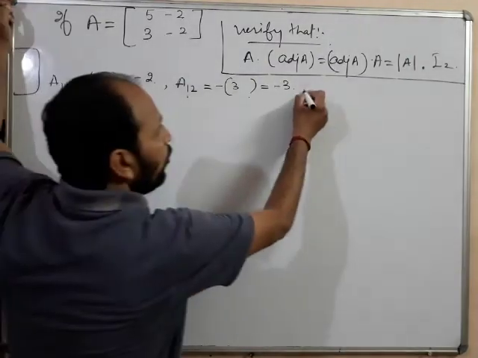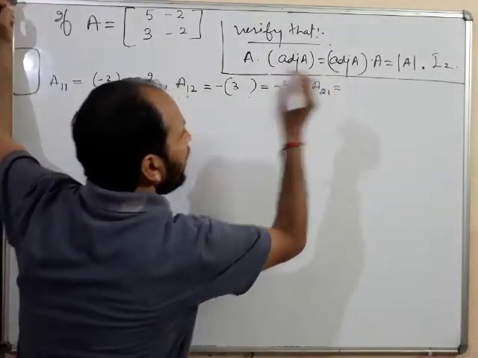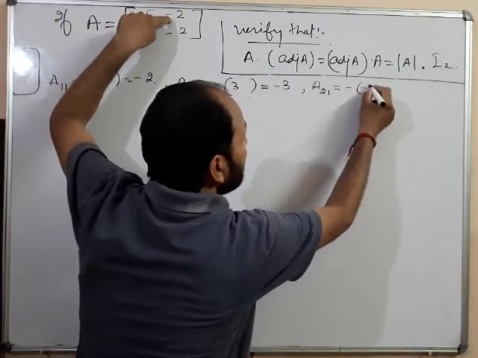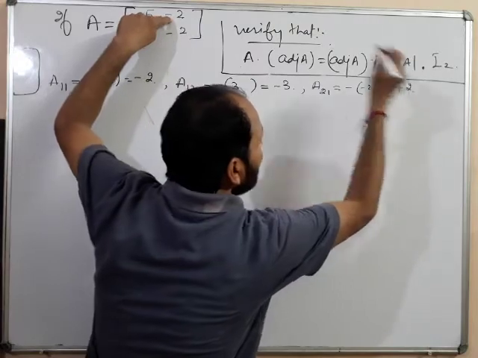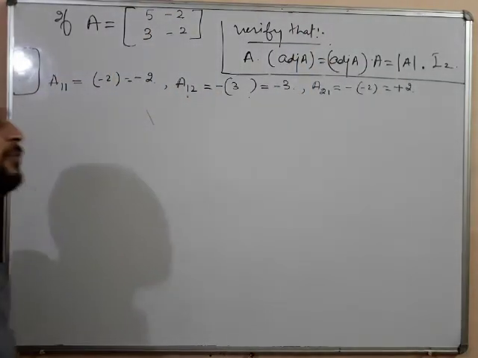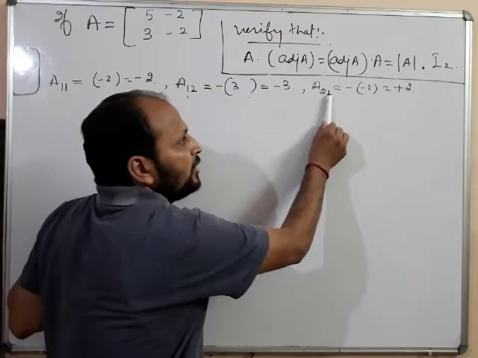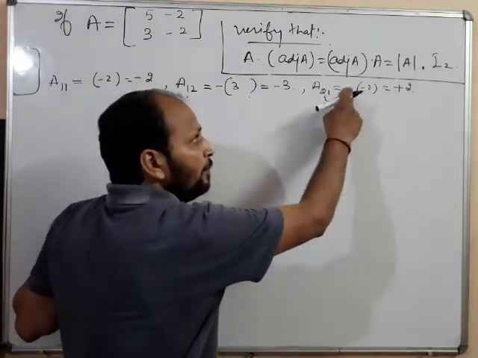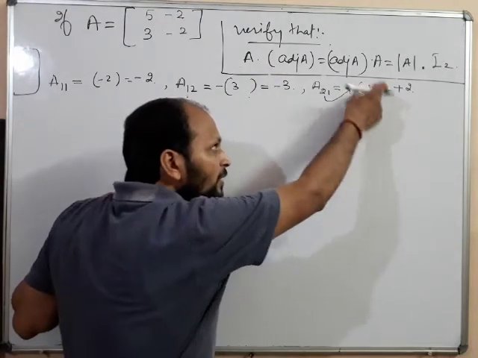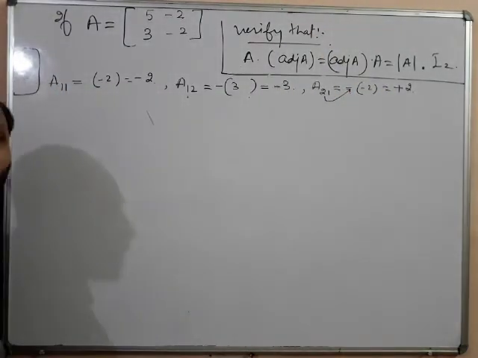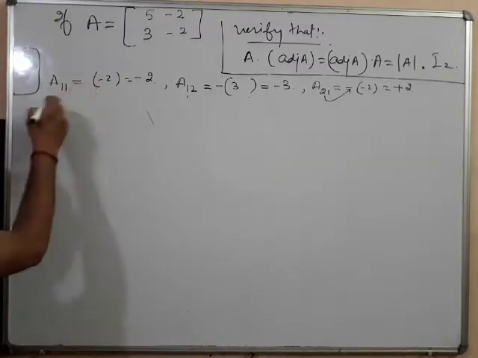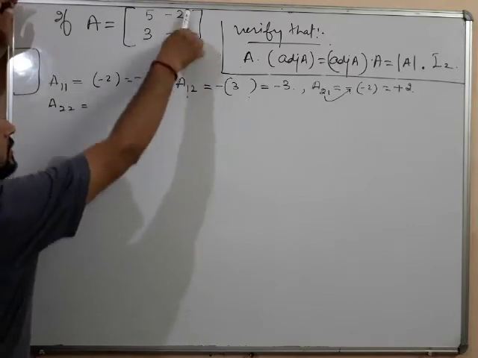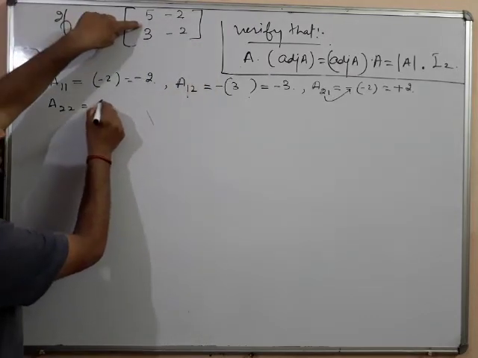Now A21, this and this, that is minus 2, that will be plus 2. If the sum of i and j is odd, we have to put a negative sign, then multiply this negative sign with the remaining minus. Now A22, that is this with 5.